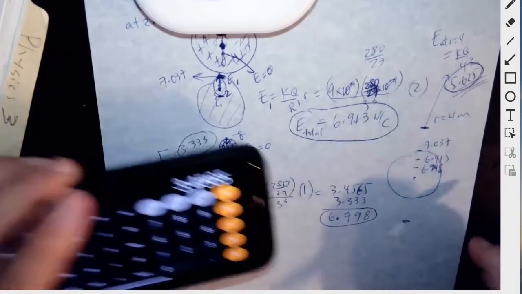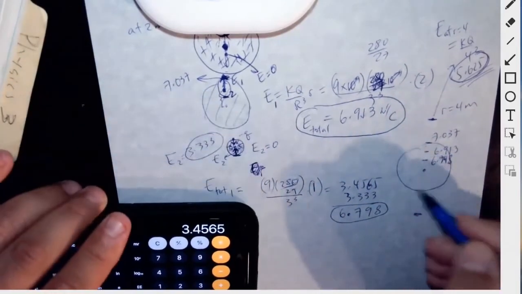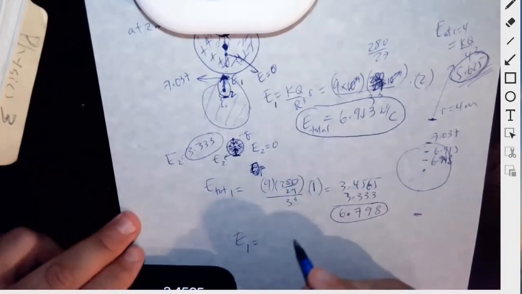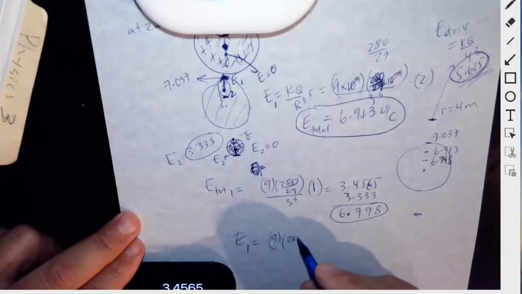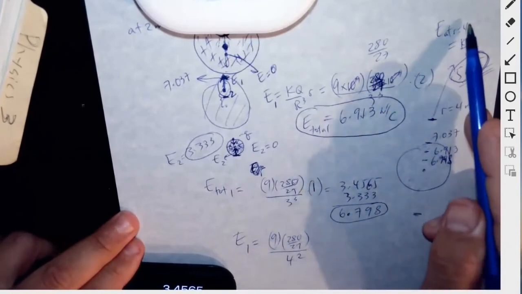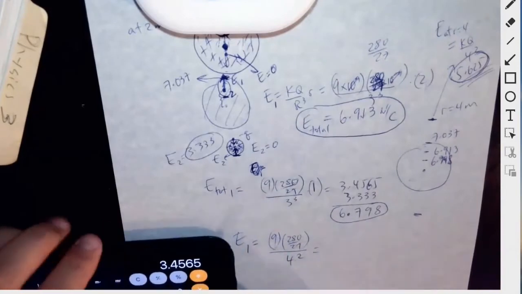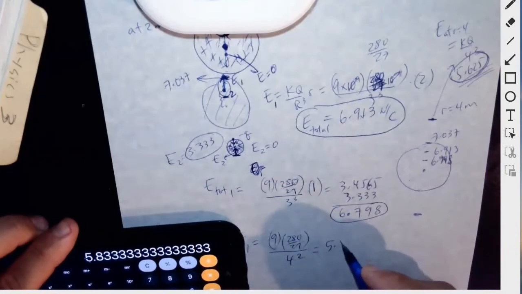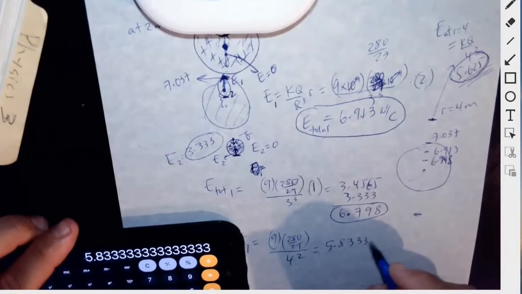So how would we do it with the superposition? We would do the electrical field of the solid one. E1 would be what? 9 times 280 over 27 divided by 4 squared. So I'm just doing KQ over the distance squared, right, for 4 meters. Hmm, 5.83333.